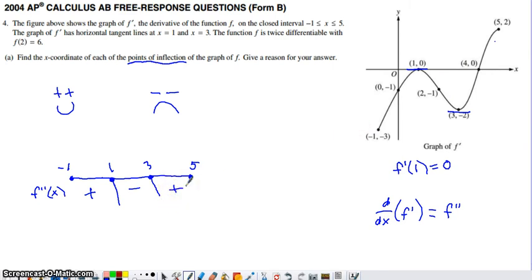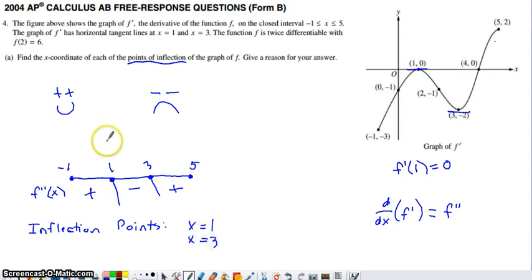So since we have a sign change for the second derivative as we cross the x value of 1, and another sign change for the second derivative as we cross the x value of 3, what we can conclude is that our function f is going to have inflection points in two places, at the x value of 1 and at the x value of 3.